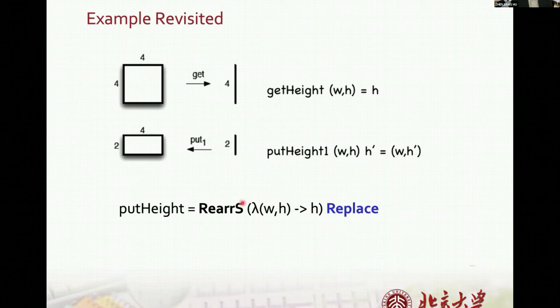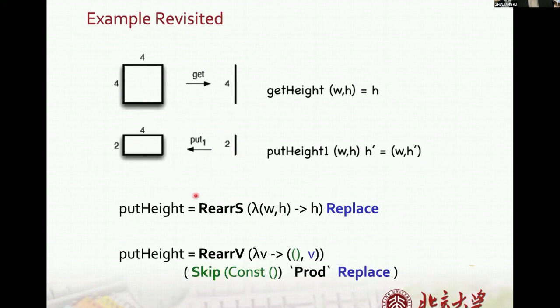Certainly, you could say I can rearrange the view first, extend it with a trivial width, and then I use width to update on this, and view update on this. This is another way. So this is the rearrange view. View becomes a pair, where width is don't care.